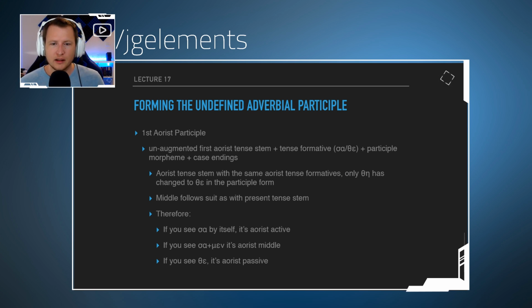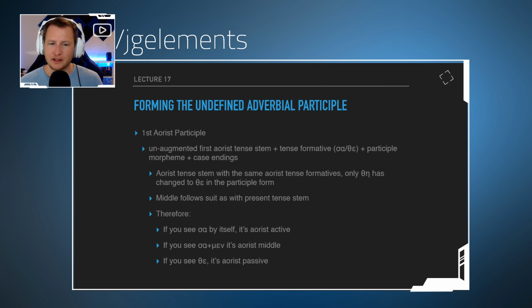It's theta epsilon for the passive. Okay, those should look familiar. They're the same as what you have in the indicative. The only difference is the passive is not theta eta, it's theta epsilon. Okay, but then you have your participle morpheme. So everything we learned last week for the participle morpheme applies here. And then you have your case endings for the nouns. Okay, so that's how you form it.